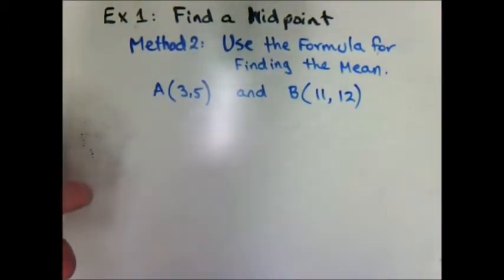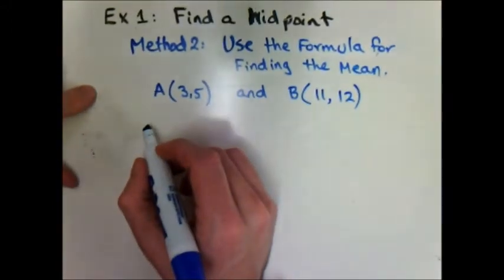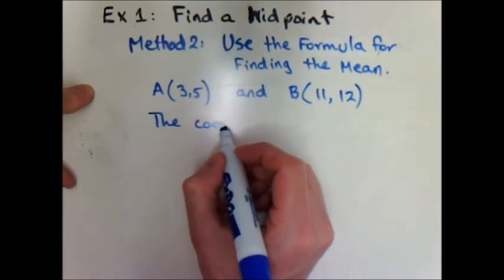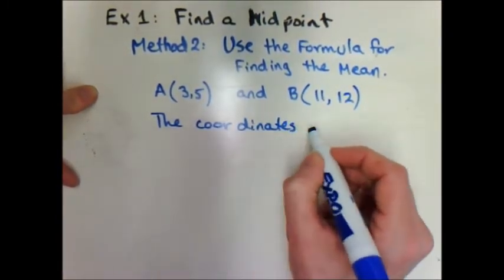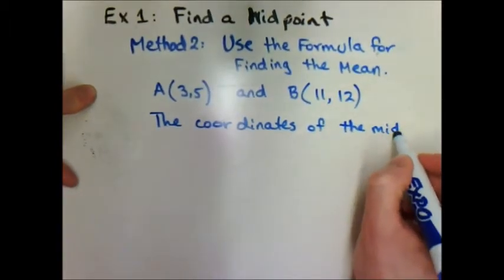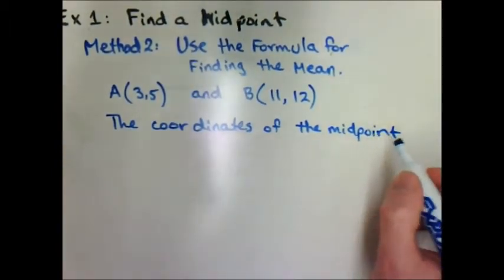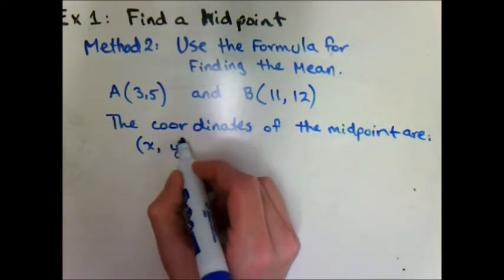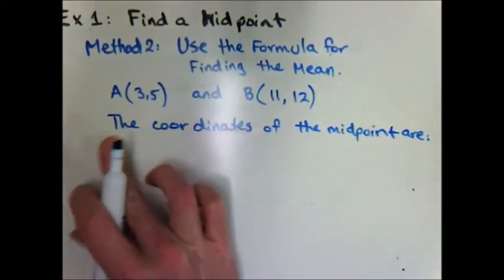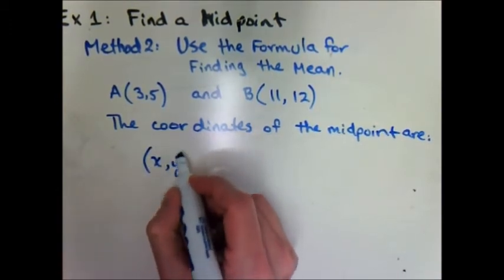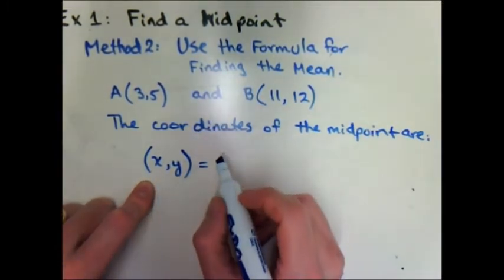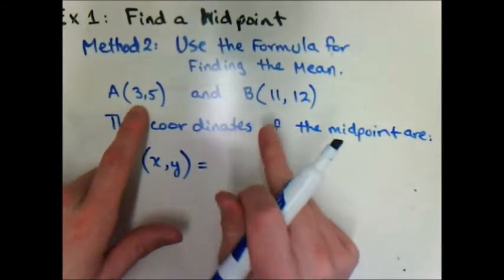To find the midpoint, all I have to do is find the average of my x's and the average of my y's. So the coordinates of the midpoint are x, y, and the x for that ordered pair is going to be the average of x1 and x2.